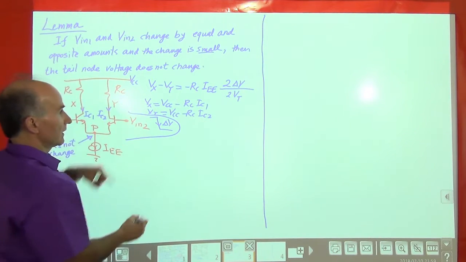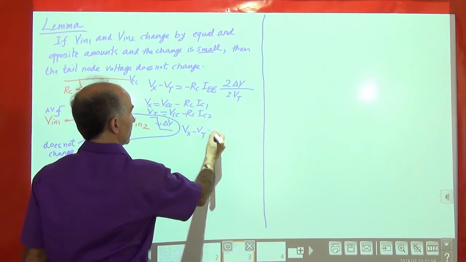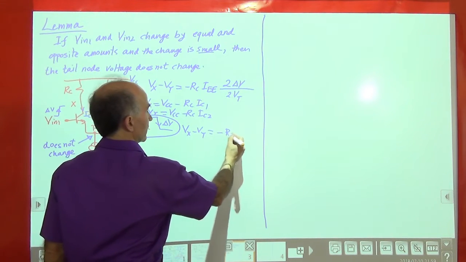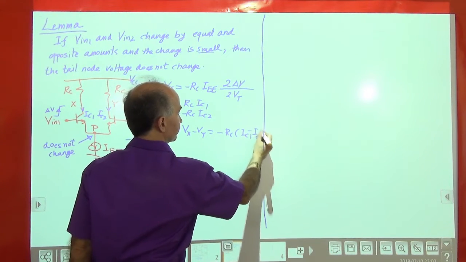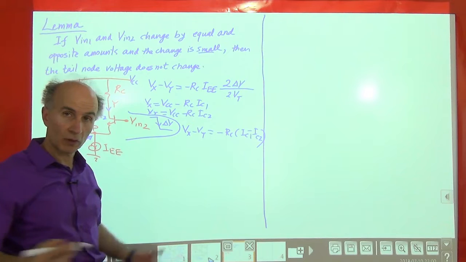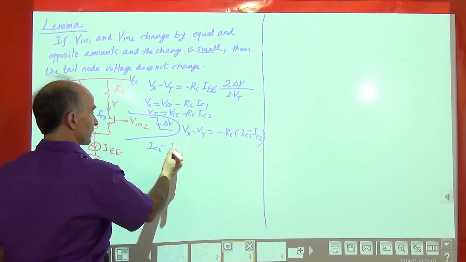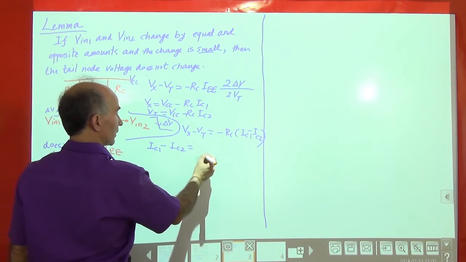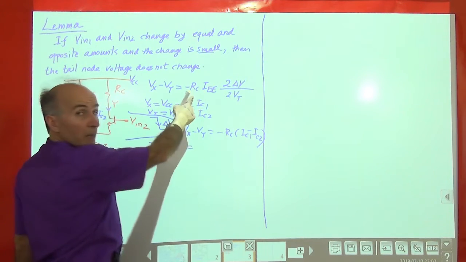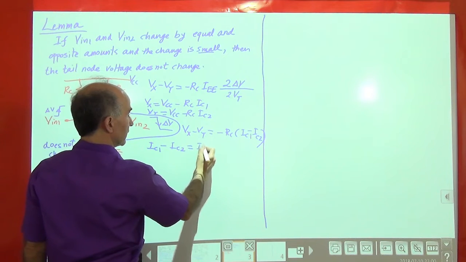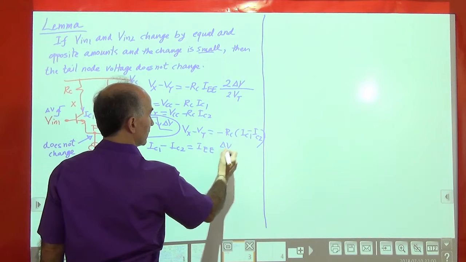If I subtract these from each other, as we saw before, Vx minus Vy is equal to minus RC times IC1 minus IC2. So I can write IC1 minus IC2 equals Vx minus Vy over minus RC. So that's IEE times delta V over Vt.